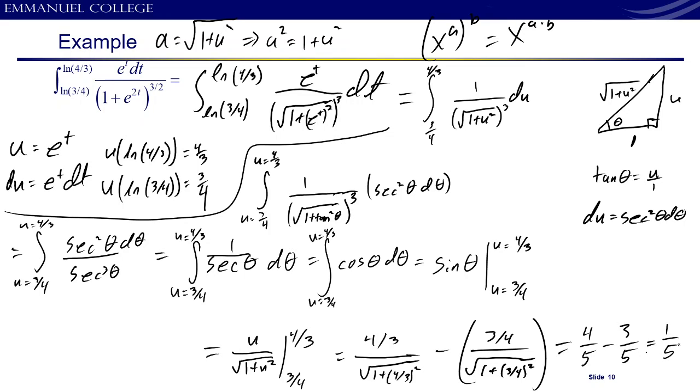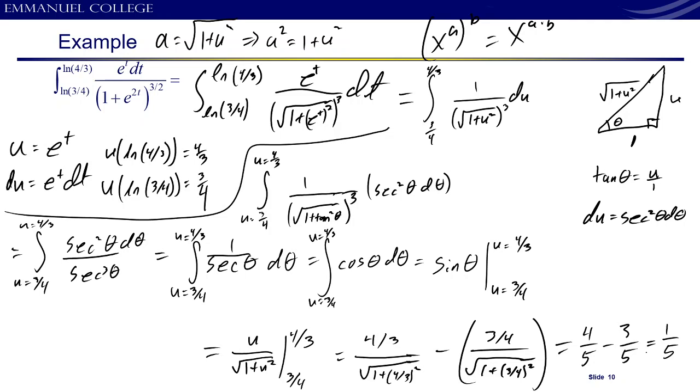So the final answer is the area between ln of 3/4 and ln of 4/3 of e to the t over 1 plus e to the 2t all to the 3/2 is 1/5.